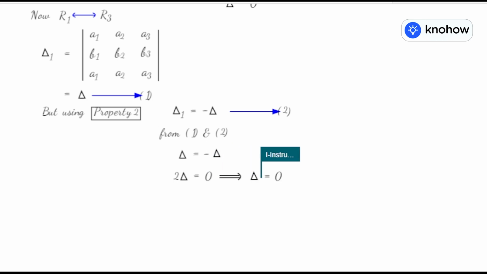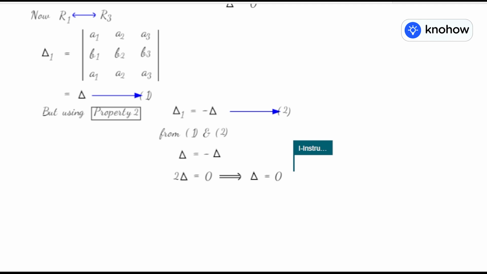So this is a very important property: if it is already given or somehow we can make any two rows or columns identical, then the value will be 0. Let me tell you here that not necessarily identical, even if the elements of any two rows or columns are respectively proportional, then also it will be 0. What is the reason? That we'll discuss after doing property 4. So let's take property 4.